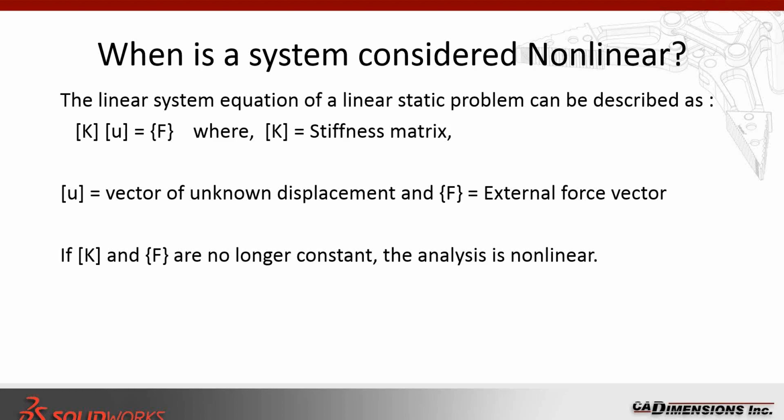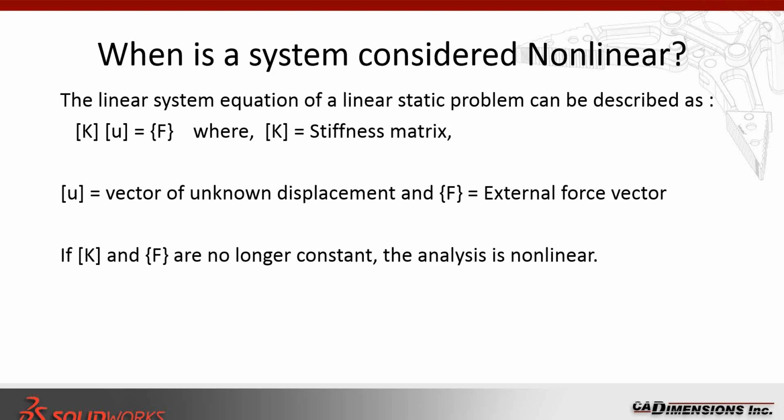So when is a system considered nonlinear? I promise there's not too many equations in this presentation. This is going to be it. So the system is considered linear when you have your stiffness matrix, multiply that by your displacement matrix, and that equals the forces.